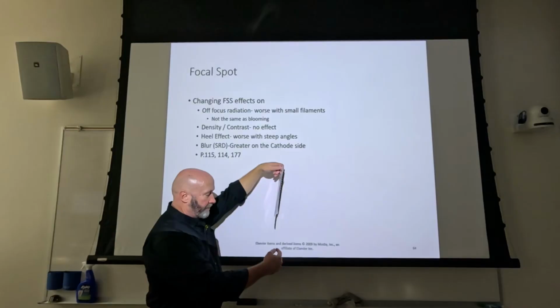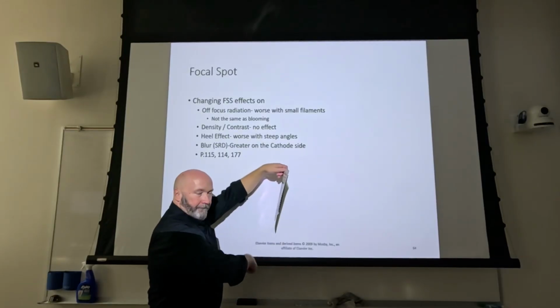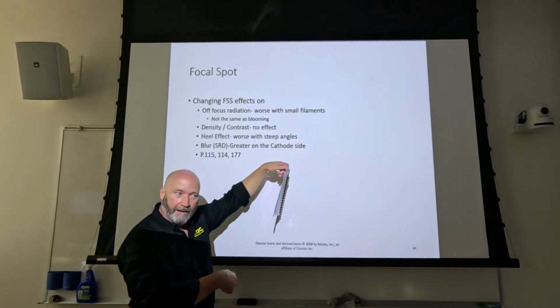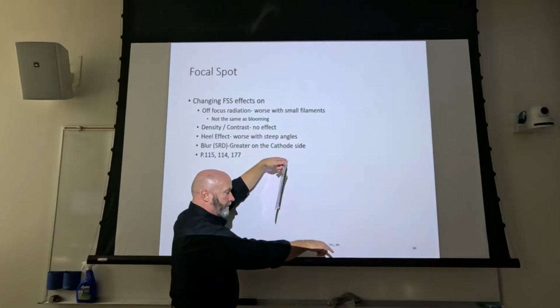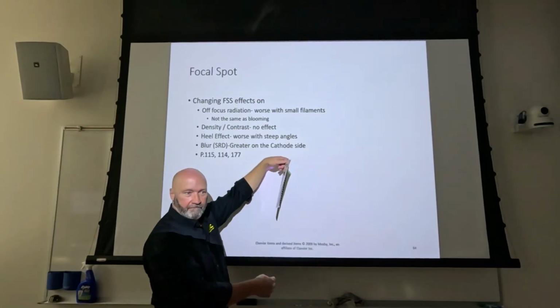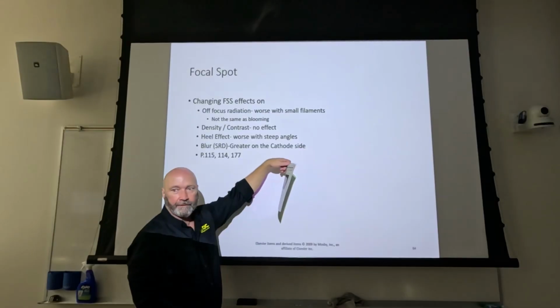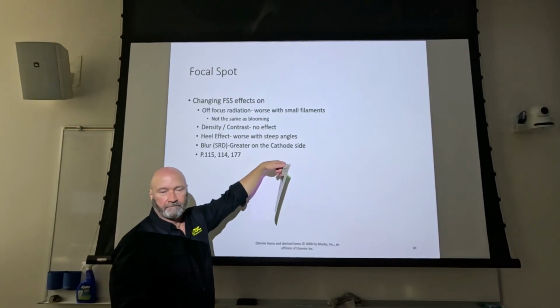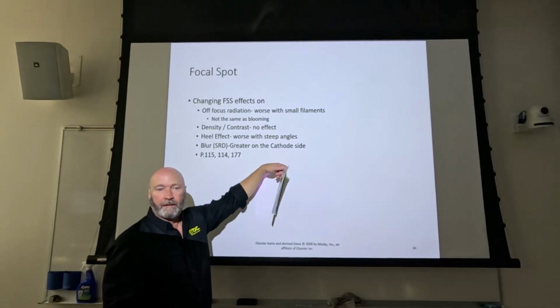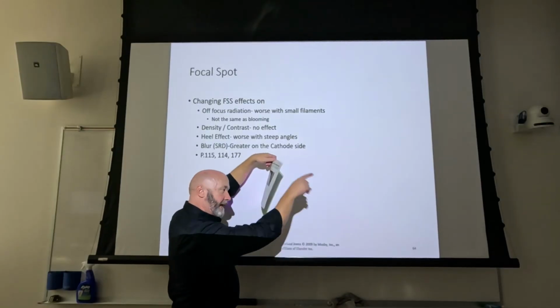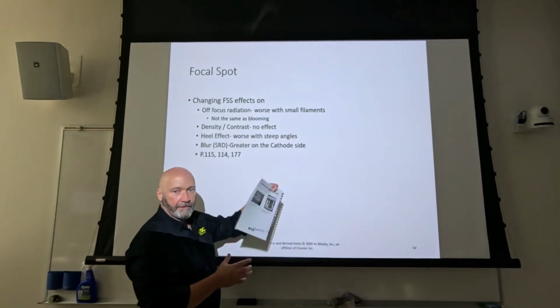So naturally, the intensity coming out from this end is going to be less than the intensity going out of that end, right? Because what do they have to penetrate to get out over there? Nothing, right? So intensity is going to be greater at the cathode end of the X-ray tube than the anode end.